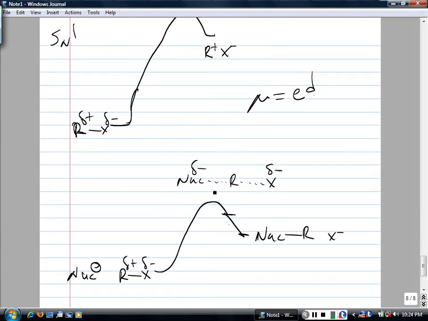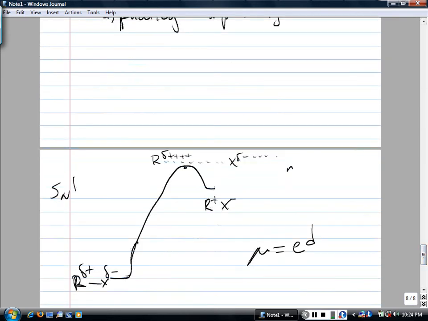And so this entity is actually less polar than that entity. So in the SN2 reaction, the transition state is less polar. In the SN2 reaction, the ground state is more polar. In the SN1, the transition state is more polar.